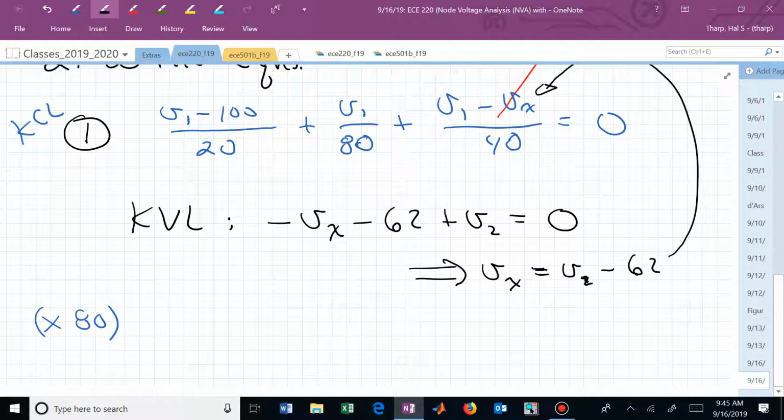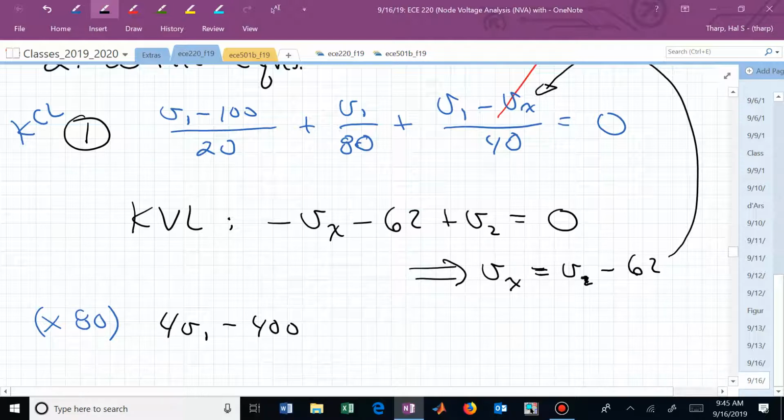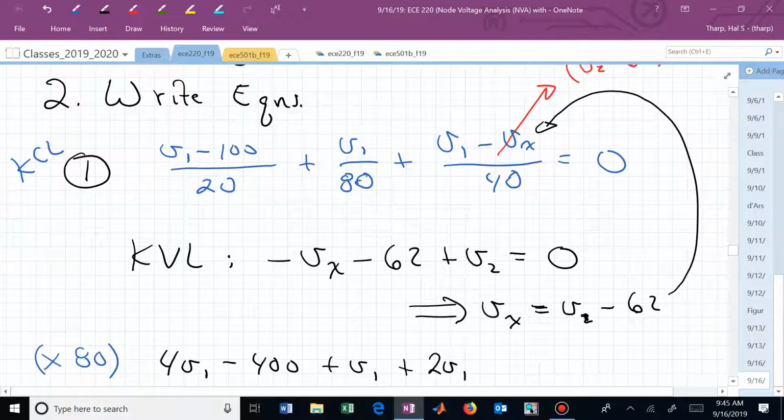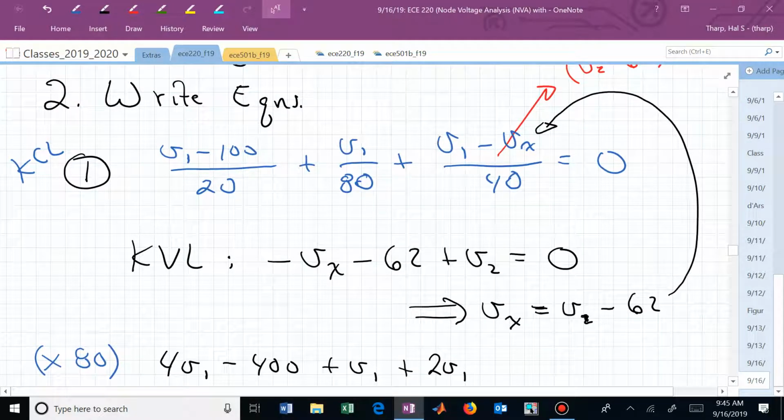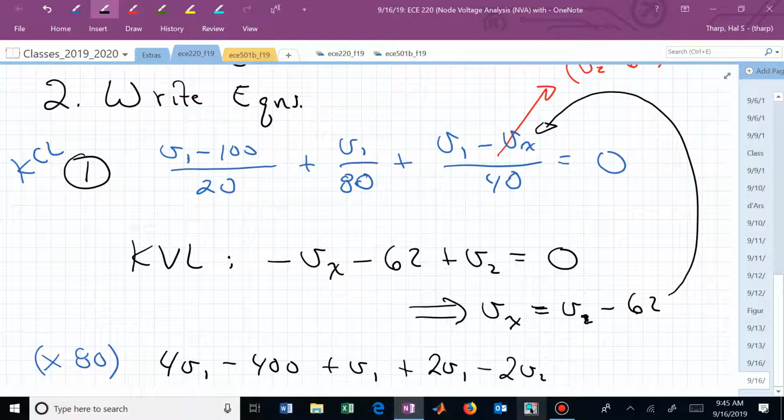I will end up with 4V1 minus 400 plus V1 plus 2V1. Now I have to remember what V sub x was. I'm subtracting V sub 2, but that's getting scaled by 2. And I have a minus 62.